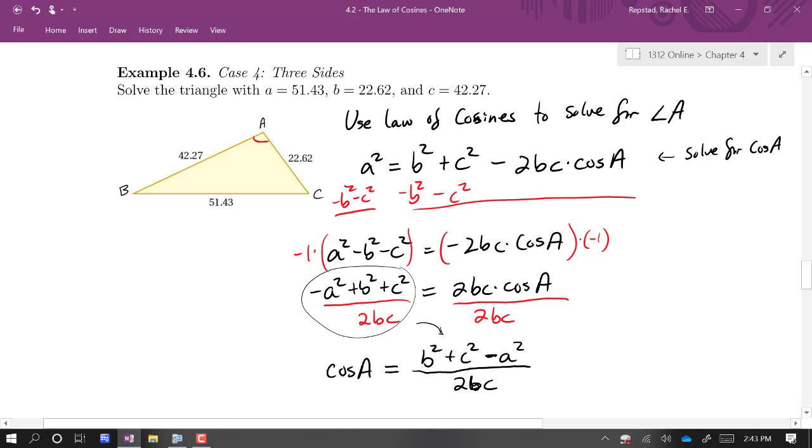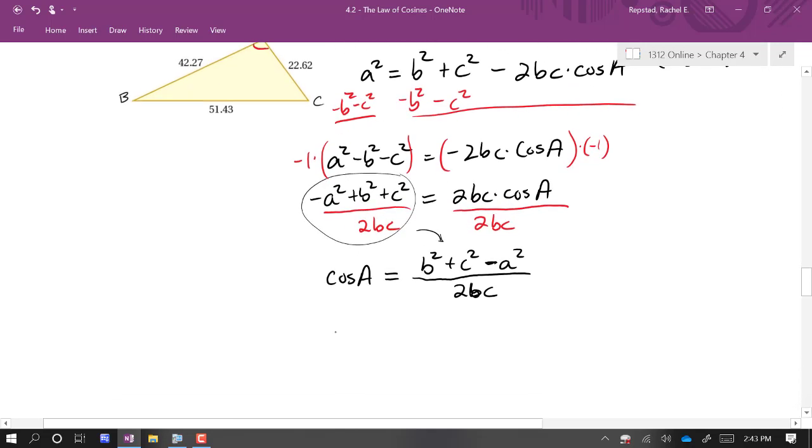Okay, so that's what cosine of A is equal to, and that means that angle A is arc cosine of b squared plus c squared minus a squared over 2bc.